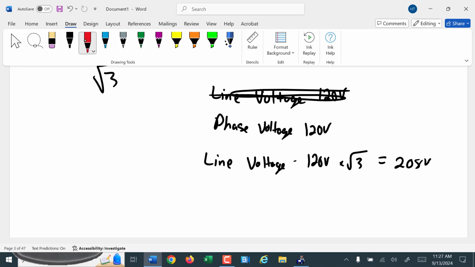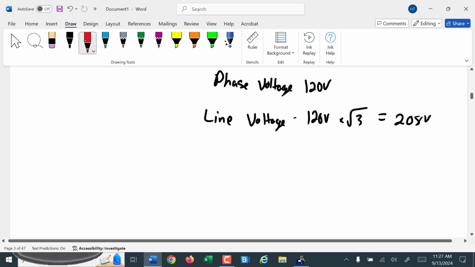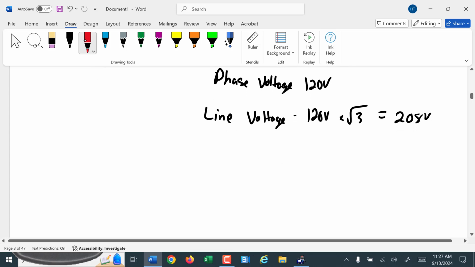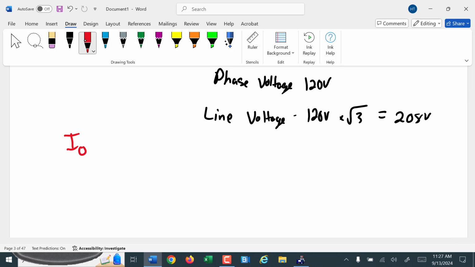So let's do some notation here to speed it up. That is the phase current, the current in the transformer. That's the phase voltage.